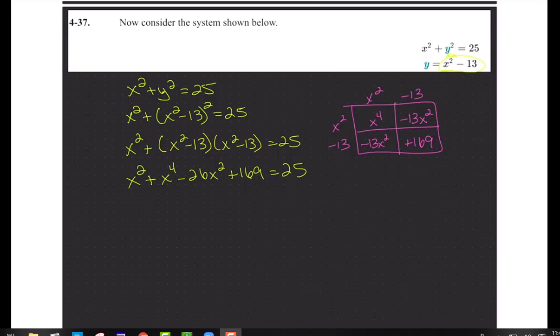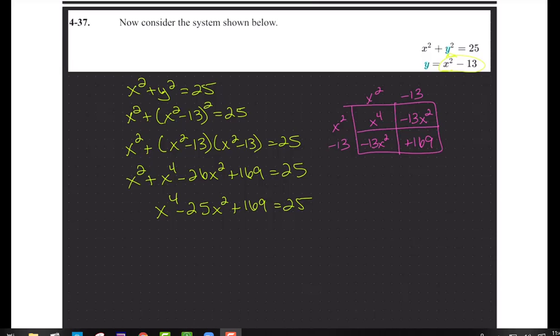Then we're going to look and see if there's any like terms that we can combine. Your x squared, but you're just going to end up with minus 25x squared plus 169 equals 25.